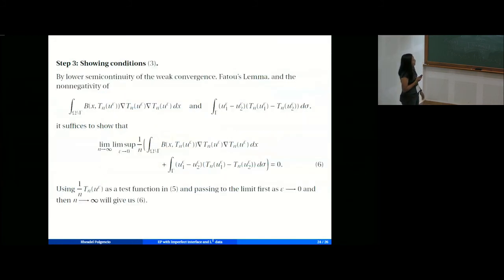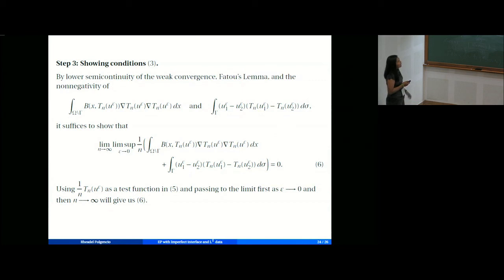Okay, step 3 is showing the 2 decays in the conditions. And this is achieved by the lower semi-continuity of the weak convergence and Fatou's lemma, and since these 2 are non-negative, this is obviously non-negative. This is non-negative since Tk is increasing. So this is non-negative.